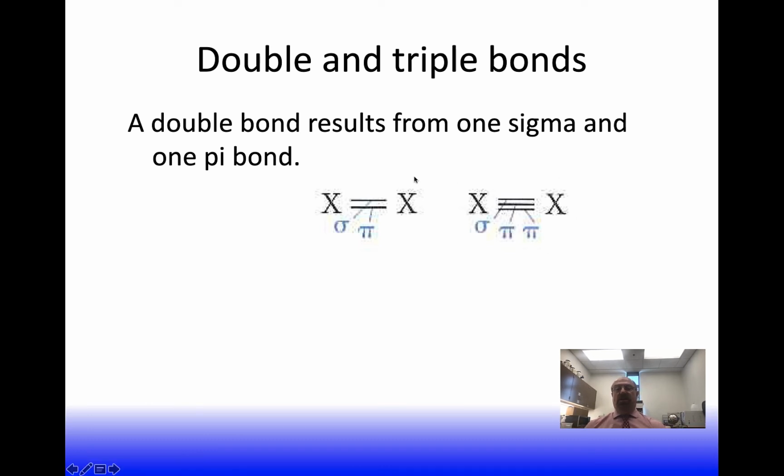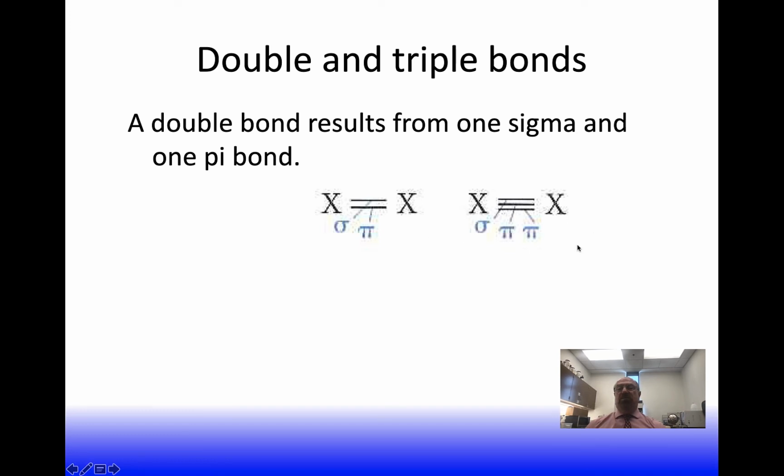Now if you go over here where you've got something that's got a sigma and two pi's, this is a triple bond. This is known as a double bond. If, for instance, you have nitrogen, nitrogen has three electrons in the p suborbitals, one in each of the x, y, and z.